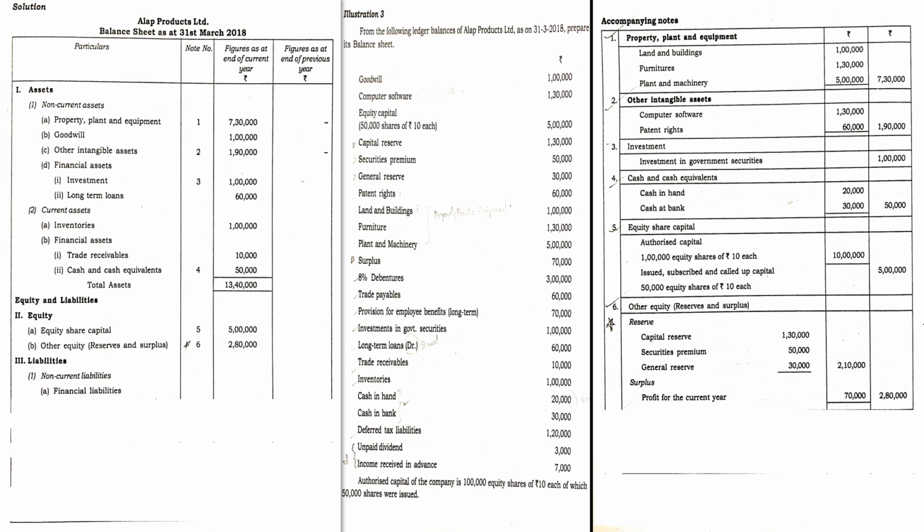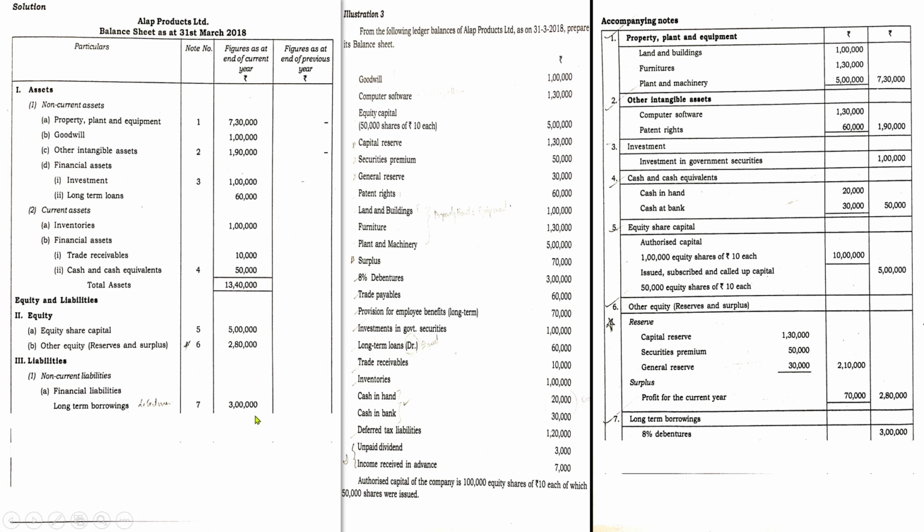First one is long-term borrowings. One is 8% debentures, and there are no other further items, that is 3 lakhs. That has to be shown here. Long-term borrowings, working note 7, 3 lakhs.